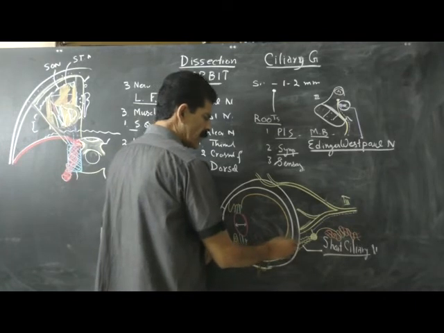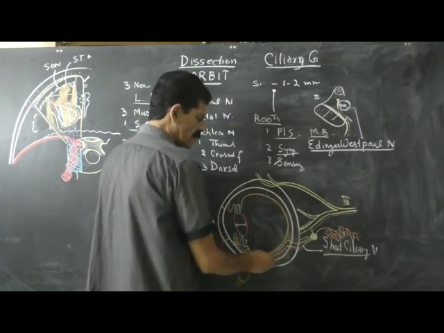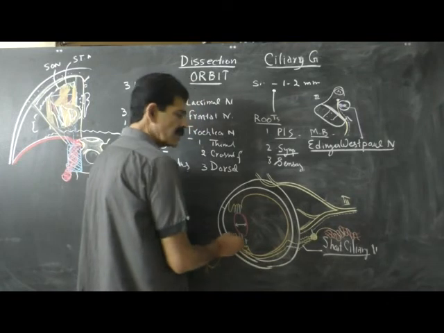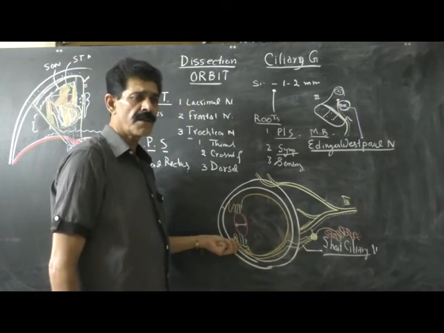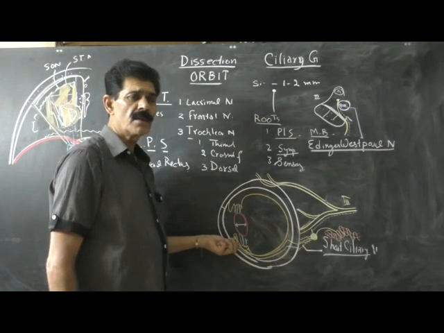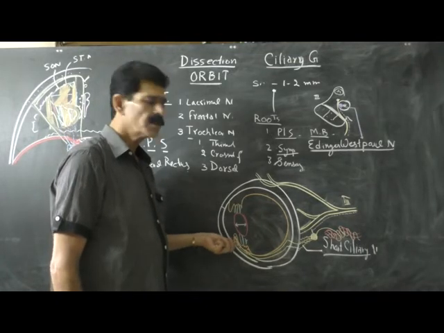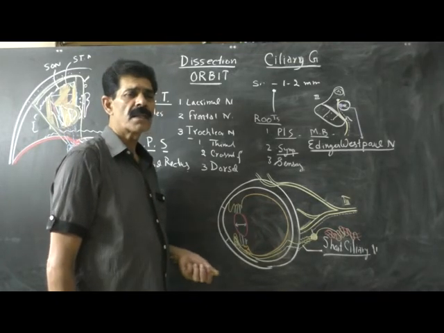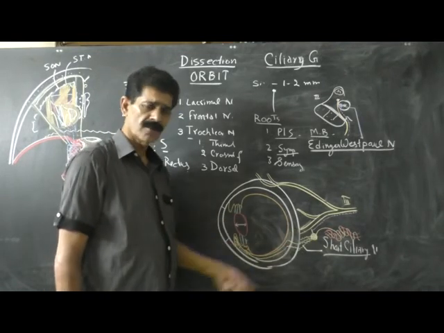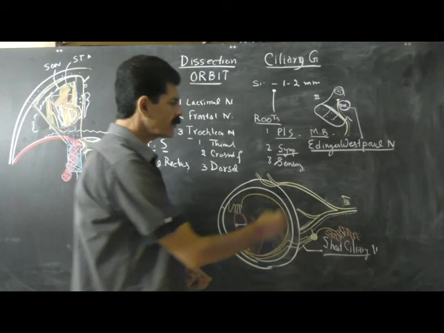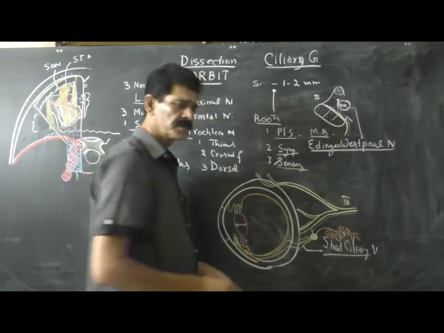And from the choroid, these sympathetic fibers reach the iris and supply the radial muscles of the iris. And this radial muscle, we know, is responsible for dilatation of the pupil. So this is how the smooth muscles get their sympathetic as well as parasympathetic nerve supply through the ciliary ganglion. The third root of the ciliary ganglion is sensory.